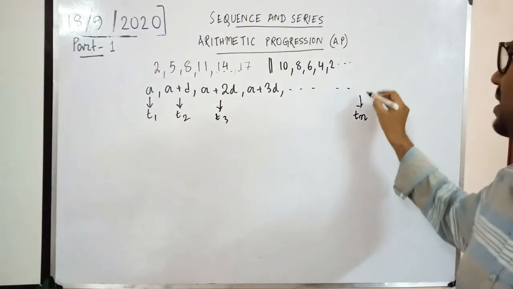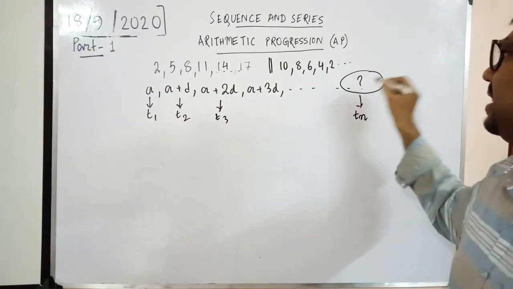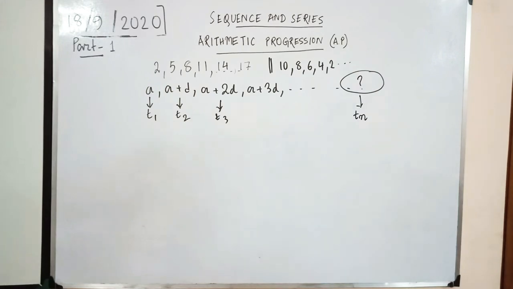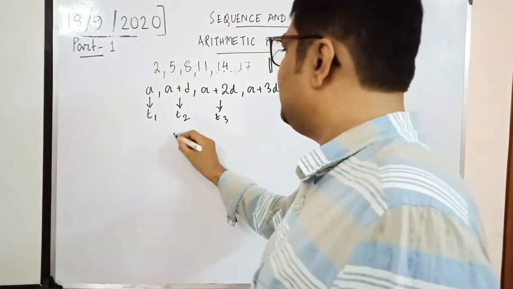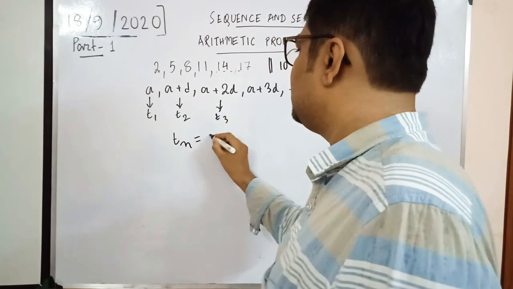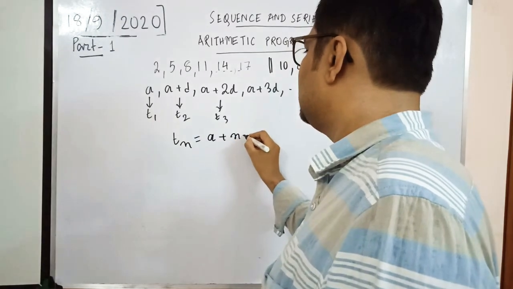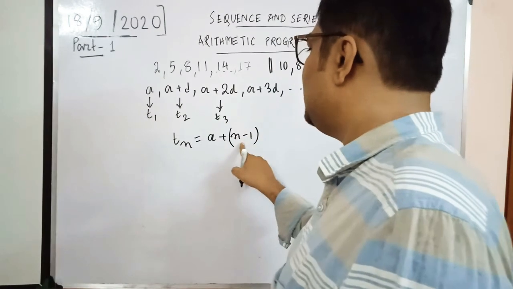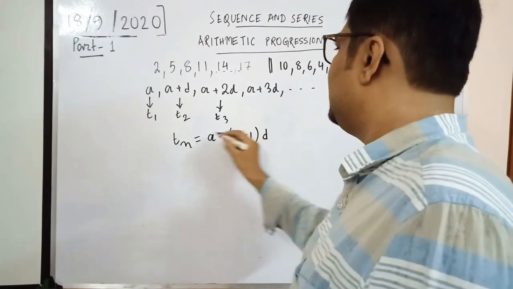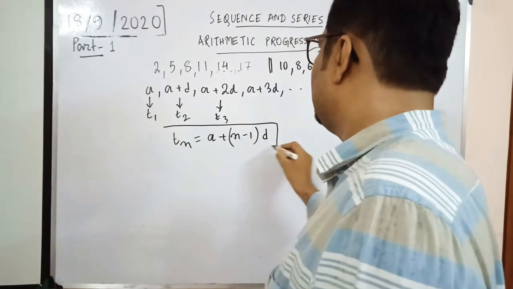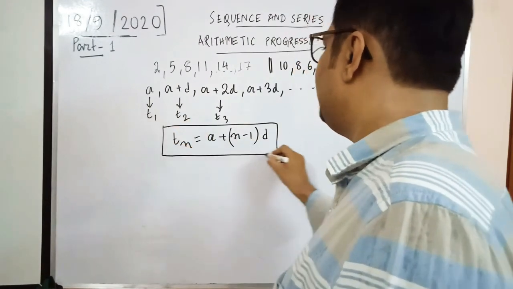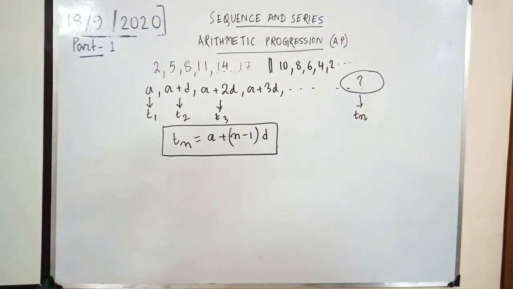If we want to calculate the nth term of the series, you will find that the nth term becomes Tn equals a plus (n minus 1) into d. That means 1 less than n, into d. So this is the nth term formula. This you already learnt in class 10.